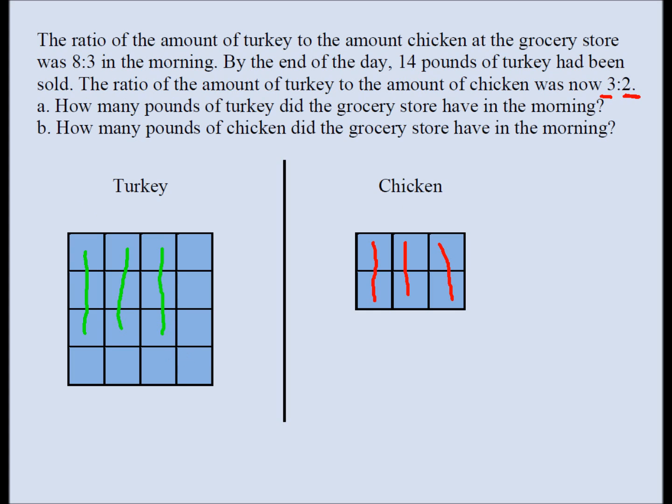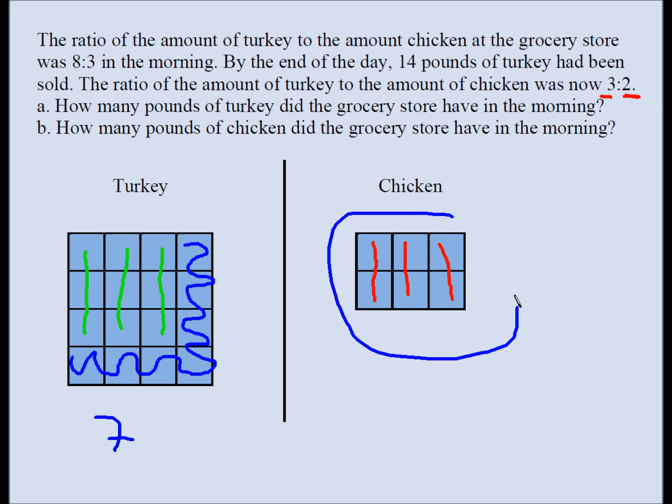Now that tells me nothing happened to chicken. Some of the turkey was sold. That tells me this was sold. Altogether, 7 of these chunks were sold. Only then, after everything is said and done, the ratio of turkey to chicken will be 3:2.